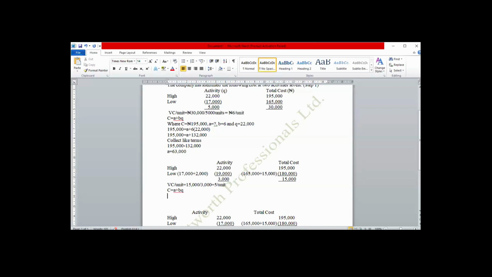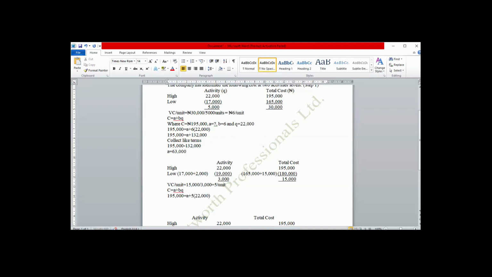What is our C here? 195,000 equals A, which we don't know, plus what is our B here? 5 naira into bracket 22,000.